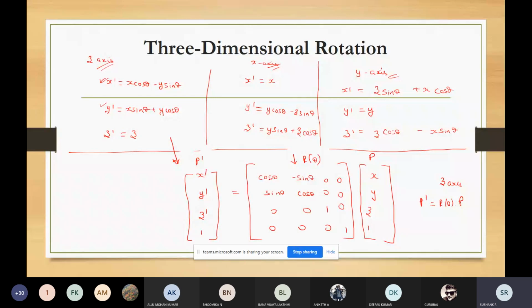So for the y-axis and z-axis, y and z, cos theta, minus sin theta, sin theta, cos theta, and the diagonal will be 1, 0. So you try like this.